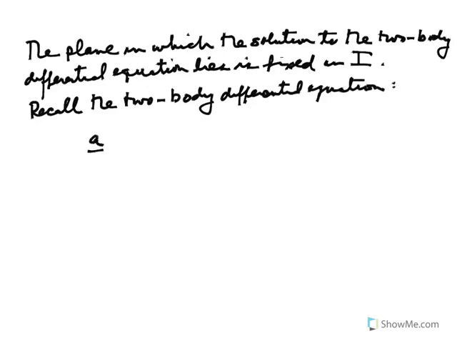We had A_I plus mu over r cubed times r is equal to 0. That was the two-body differential equation. Now, to get started, this doesn't look initially like it's going to do anything, but it's actually going to allow us to integrate this differential equation once. So that's really the objective here: first to try and find a way to integrate once.